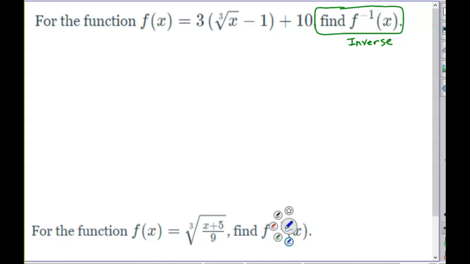And I'm going to give you the hint. What do we do? There's 2 steps. And again, we'll do this one together.